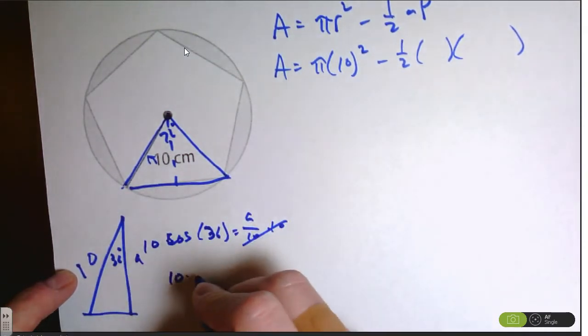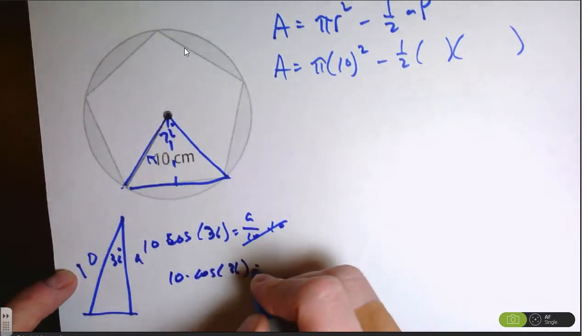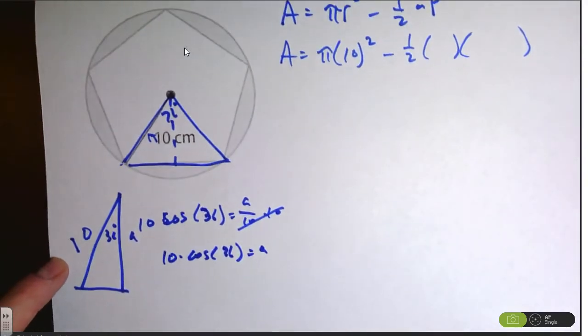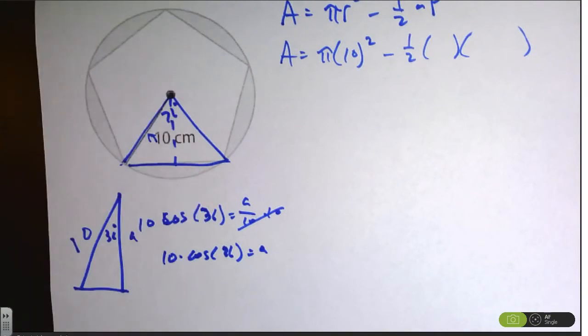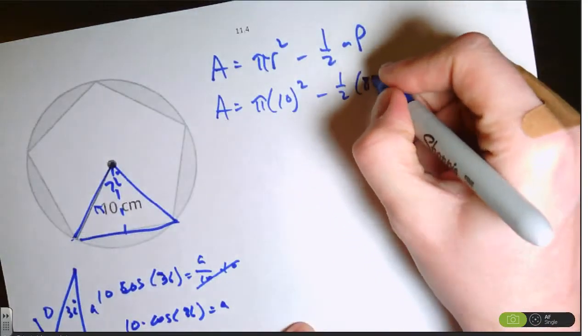So 10 times the cosine of 36 is the apothem, which I'm just going to throw in the calculator. 10 times the cosine of 36 is 8.1. So the apothem is 8.1.